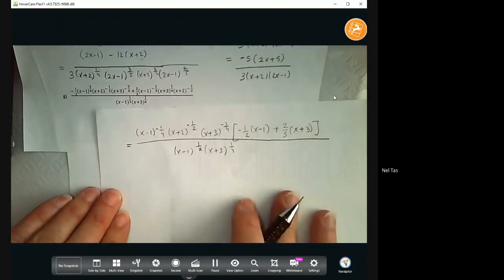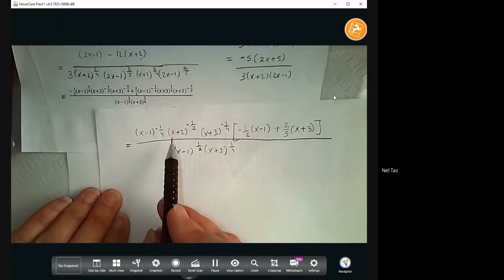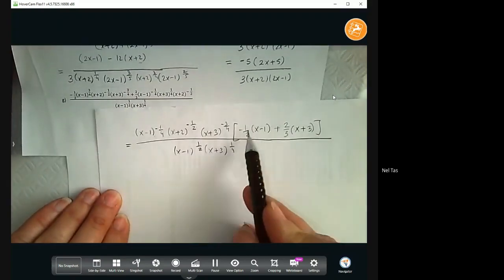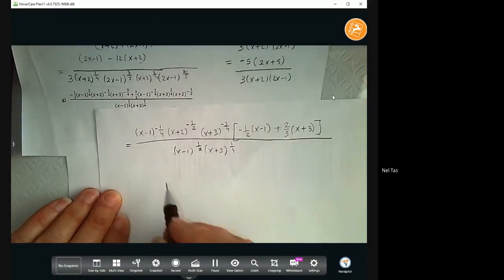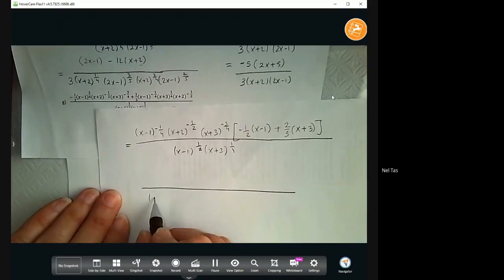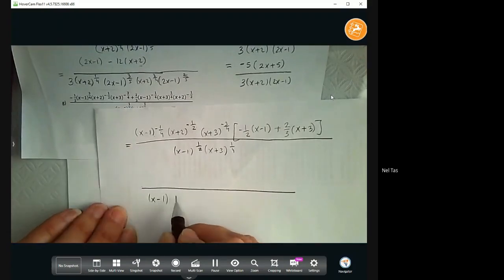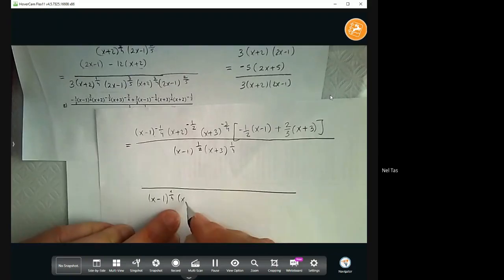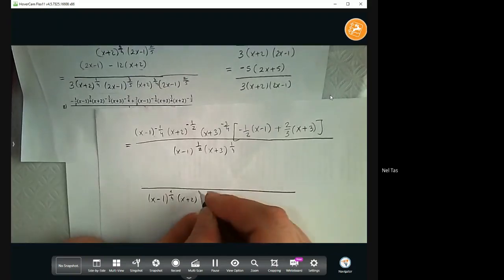Okay, so next step, we are going to get rid of the negative exponents and also the fractions here. So I'm going to move those to the denominator and make them have positive exponents.